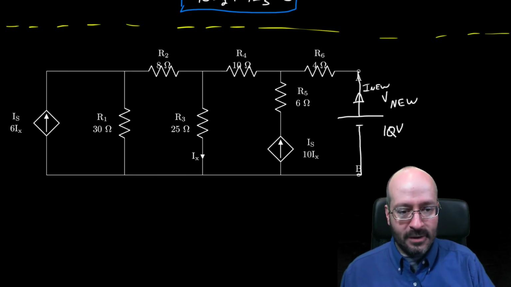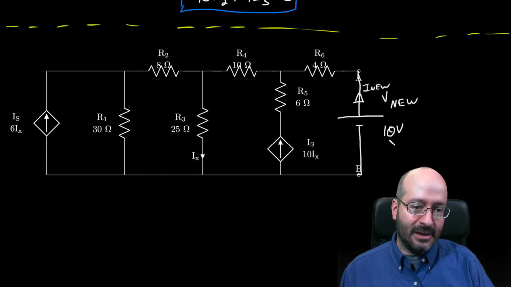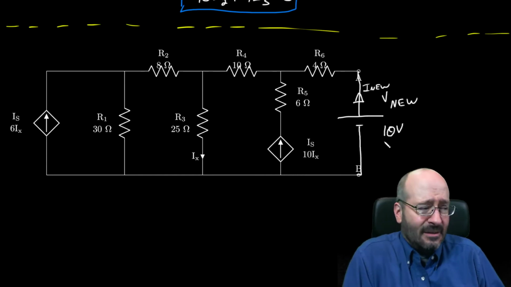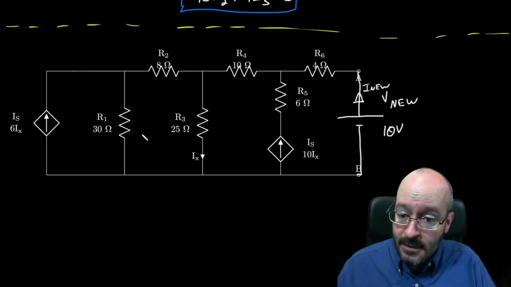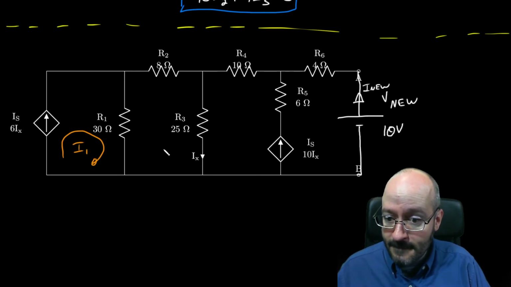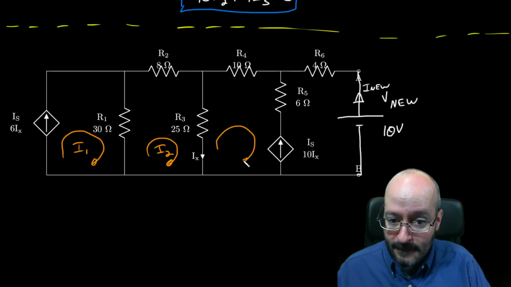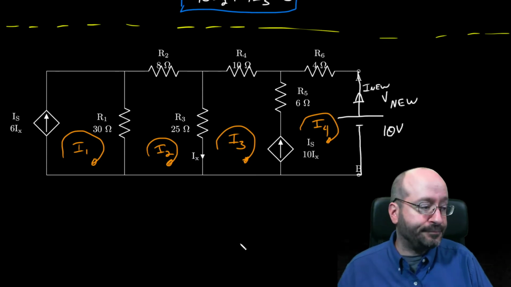So we've got to figure out what current flows here if I apply 10 volts there, and that's going to give us the equivalent resistance, which is kind of nice. Okay. I1, I2, I3, I4.